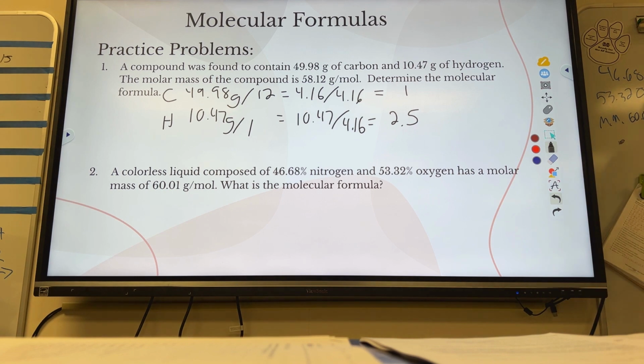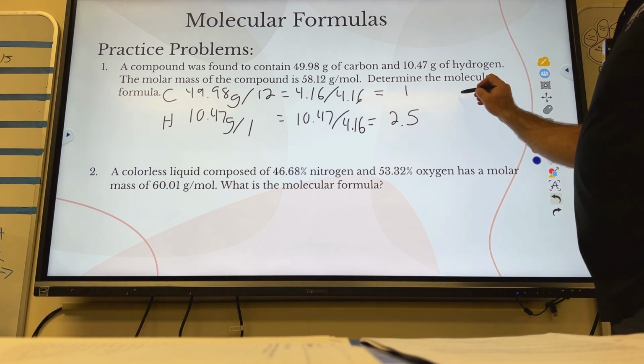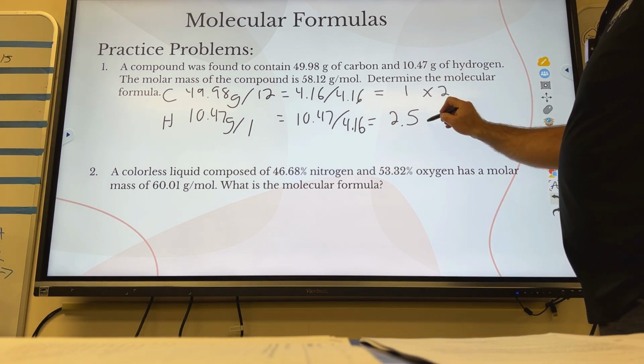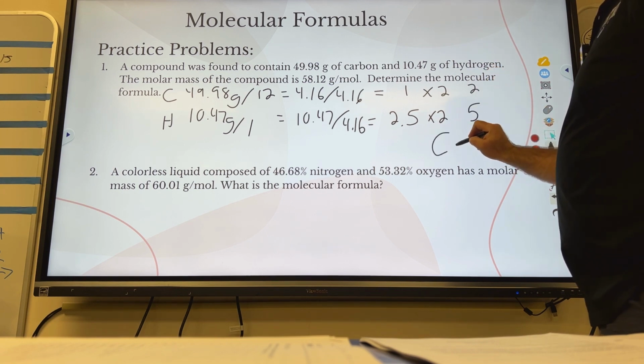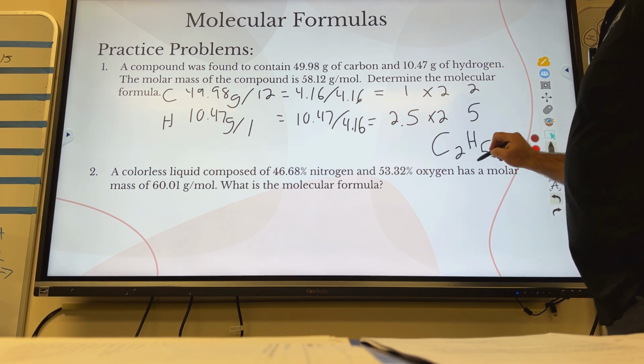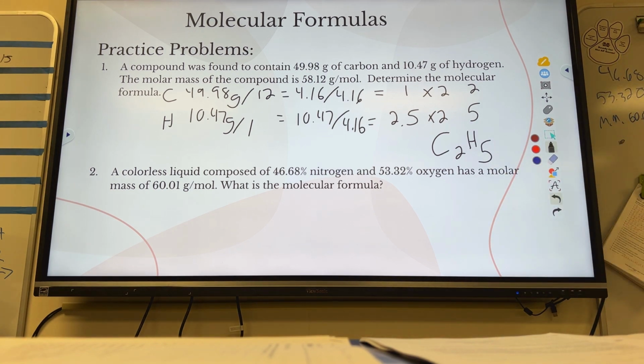So what is our empirical formula here? Again, this is just our empirical formula, right?